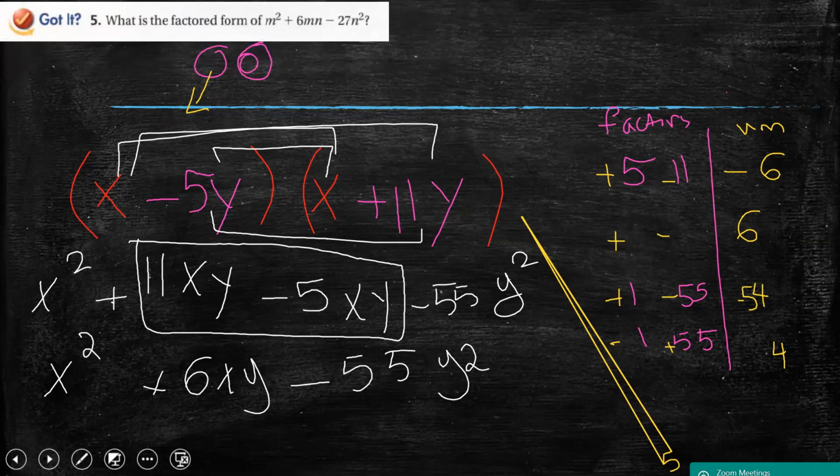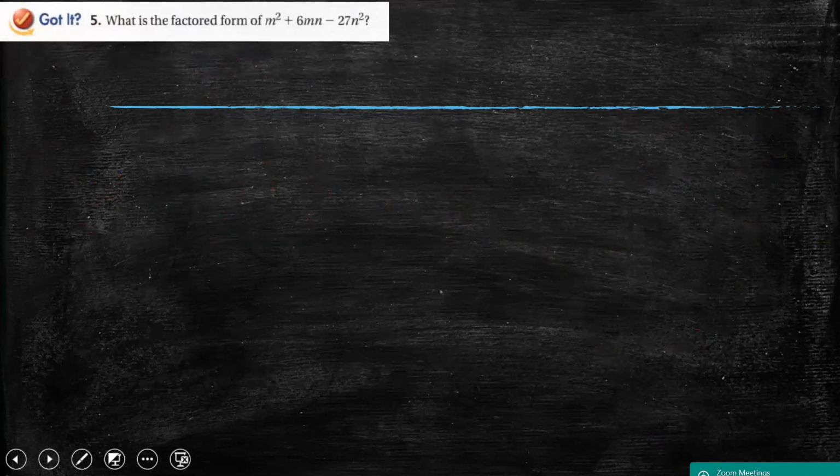Now let's do this example here. What is the factored form of m squared plus 6mn minus 27n squared?